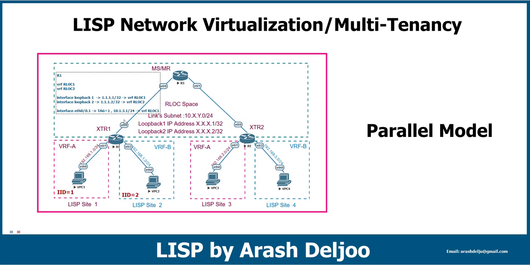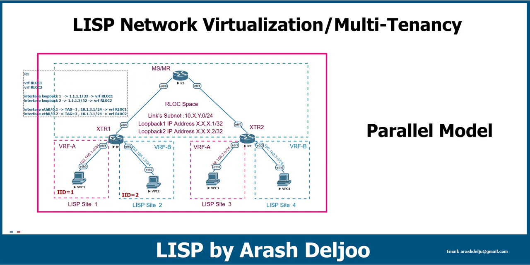When we configure interfaces in different VRFs, we can use the same IP address. So let me configure Ethernet 0/0.2 with dot1q tag 2, with the same IP address but in VRF RLOC2.